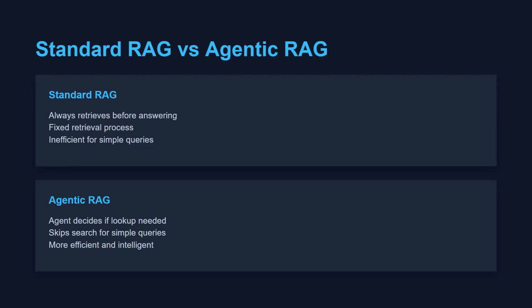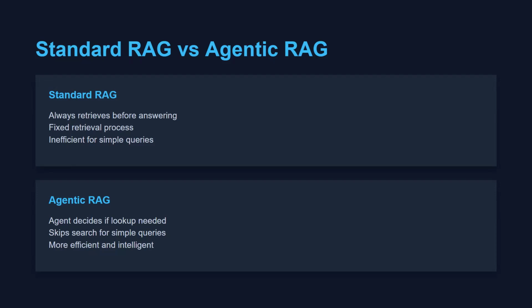Okay. Now if you look at the exact difference, when it comes to standard RAG, it is a very fixed retrieval process. So whatever input you provide, you'll get an output. But agentic RAG doesn't do that.